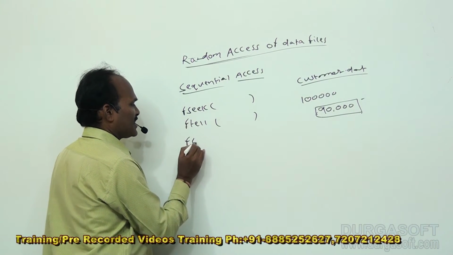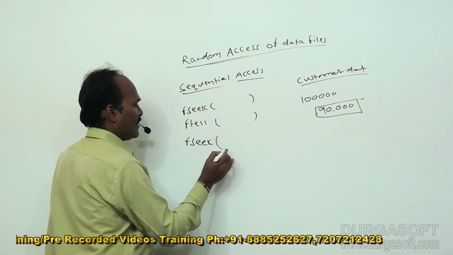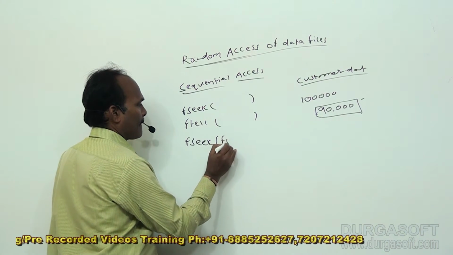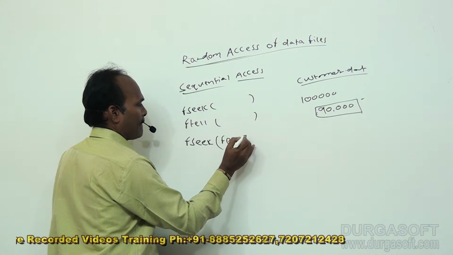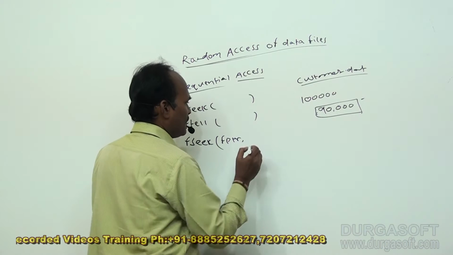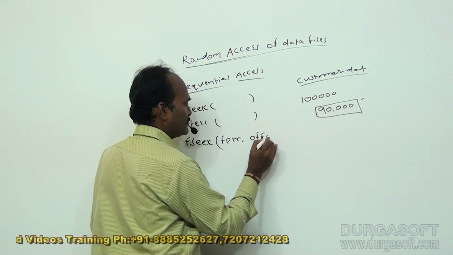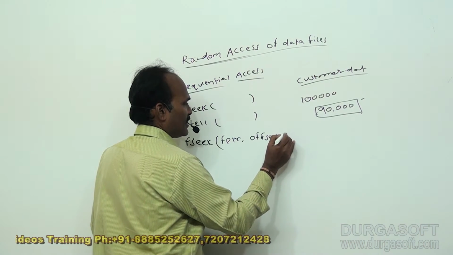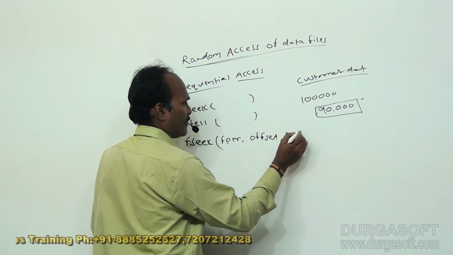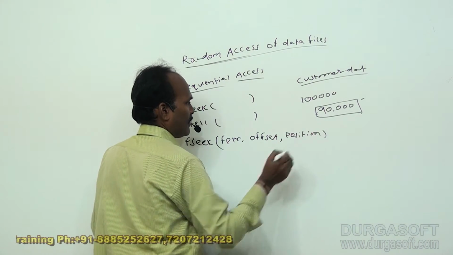The fseek function syntax is like this: fseek, file pointer, offset, position.